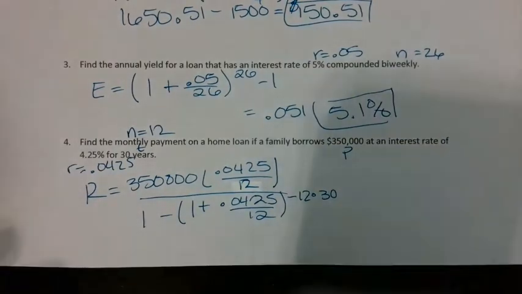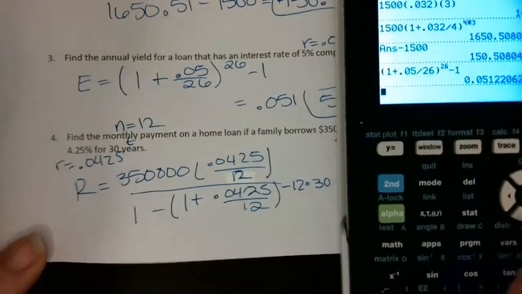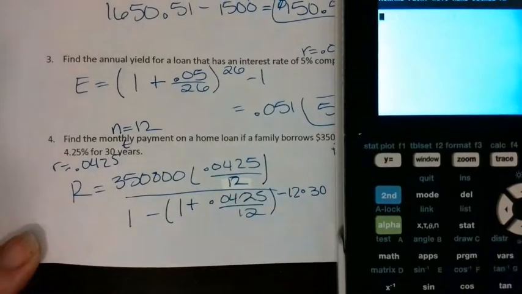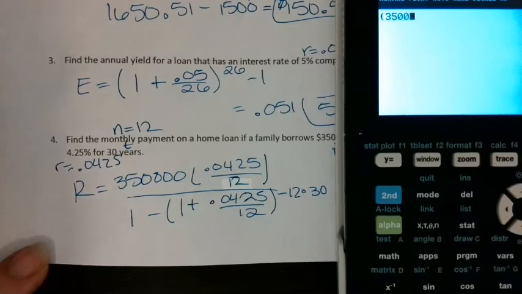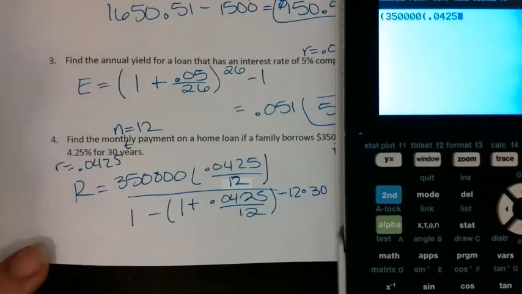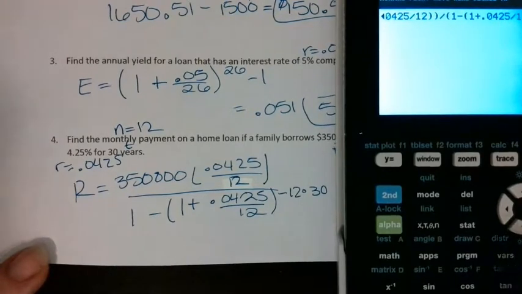Okay. Then I want to type this into the calculator. I want to put everything on the top in parentheses. I have 350,000 times 0.0425 divided by 12. Close that, because that's the whole top. Then divide, new set of parentheses, 1 minus, parentheses, 1 plus 0.0425 divided by 12.